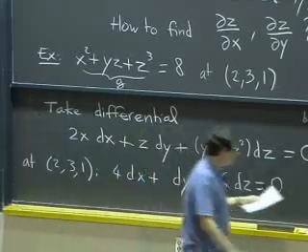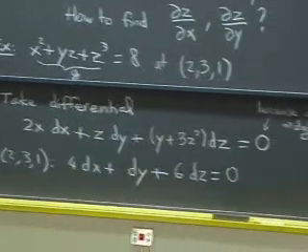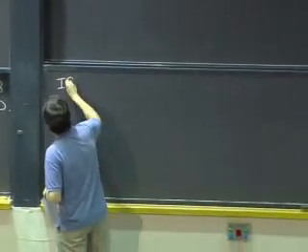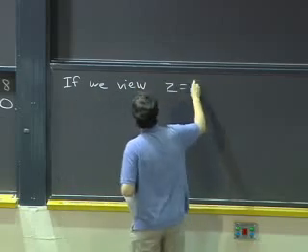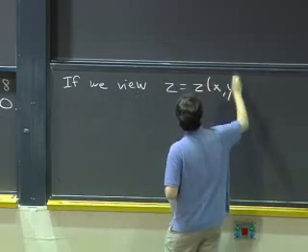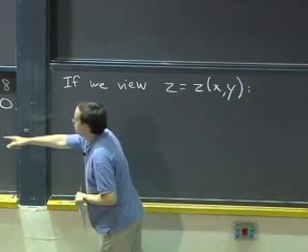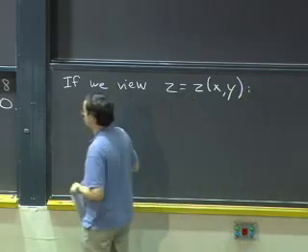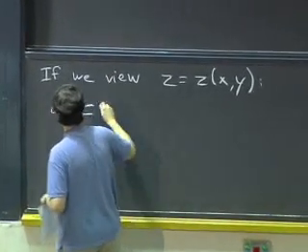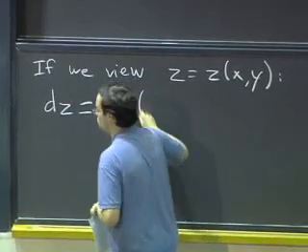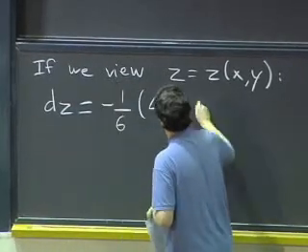Okay, so just to clarify this, if we want to view z as a function of x and y, then what we will do is we'll just move the dz's to the other side, and it will tell us dz equals minus 1 over 6 times 4 dx plus dy.